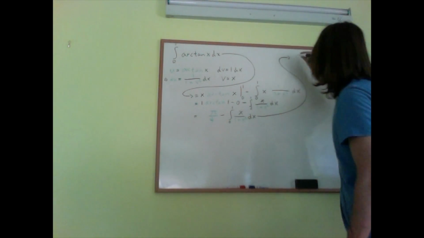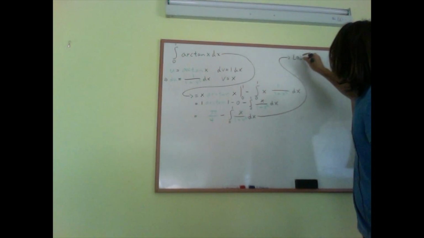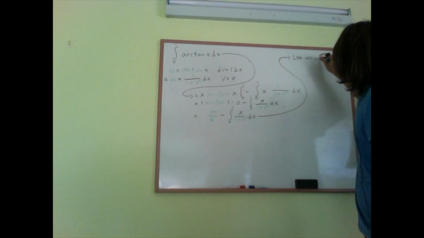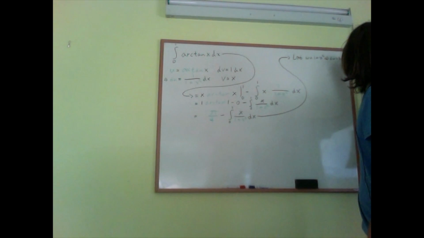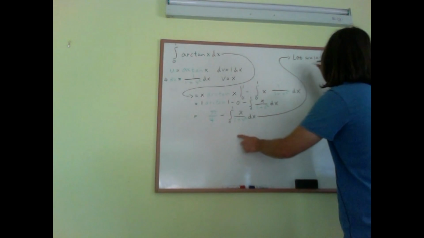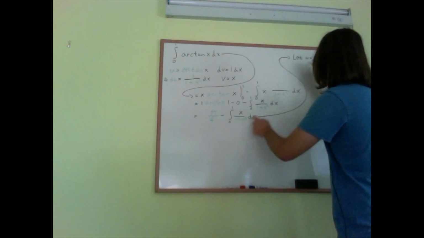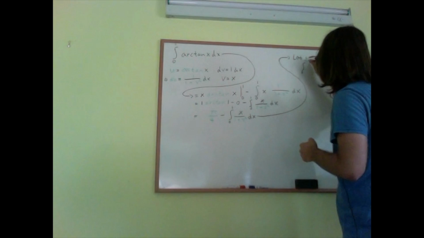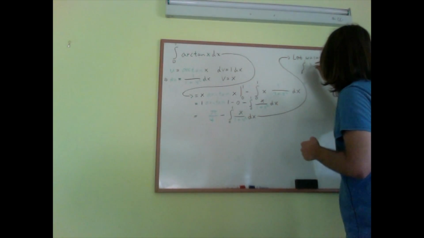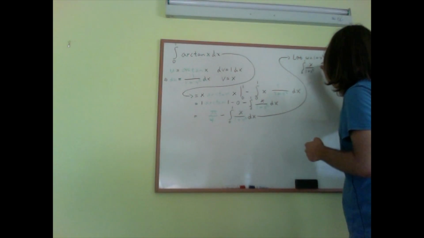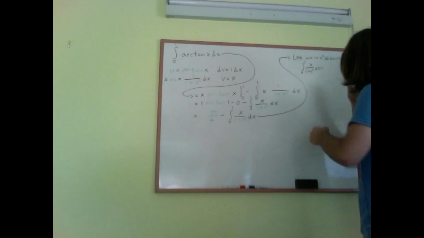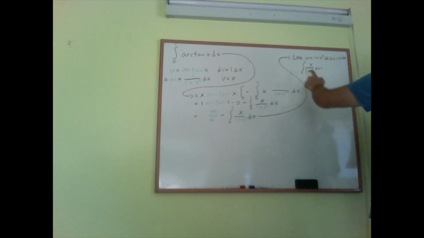So we're going to let w equal 1 plus x squared, which implies dw equals 2x dx. And so this guy here, because we need a 2, I'm going to put a 1/2 out here.